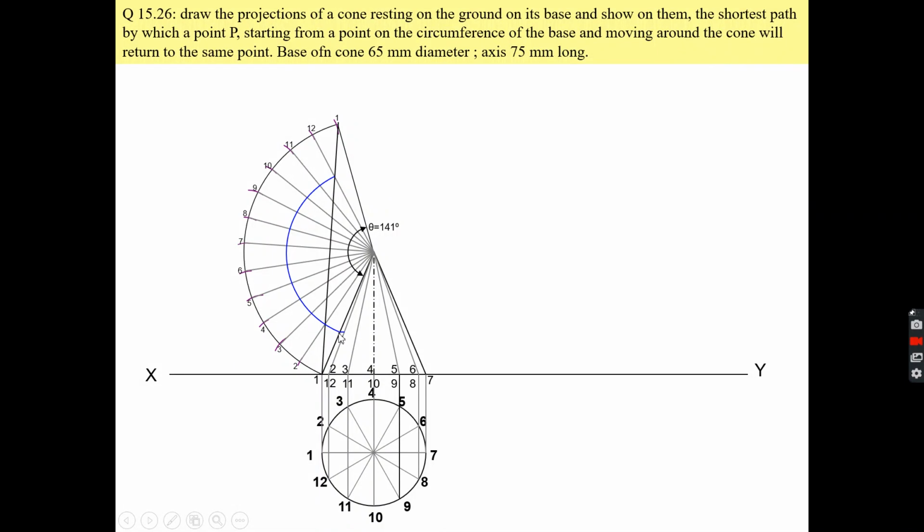Then from that I can draw a horizontal line, or a line parallel to the base, up to generator O12. Similarly, from generator O11 I can mark the point in the front view, in the same way from the other generators.